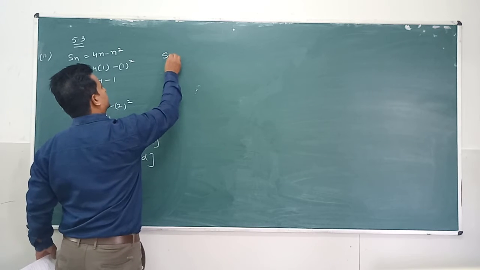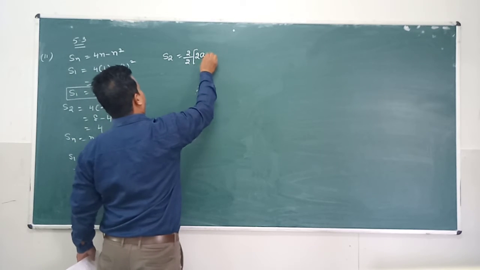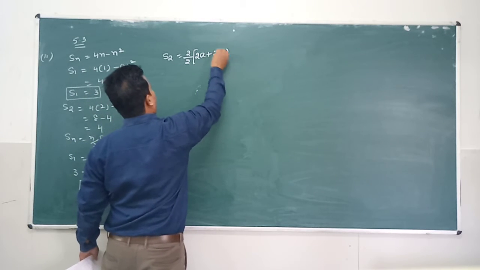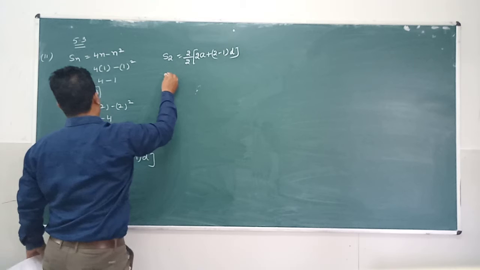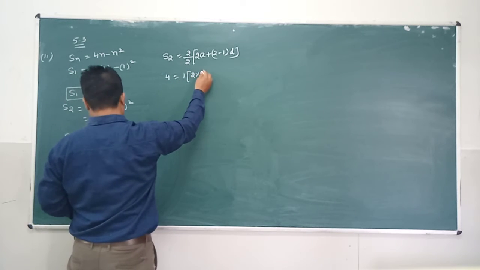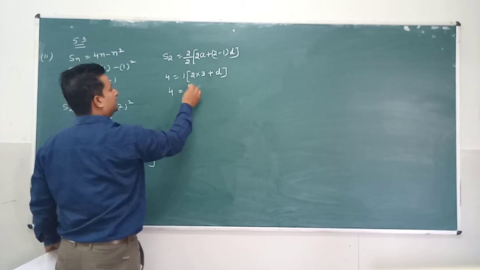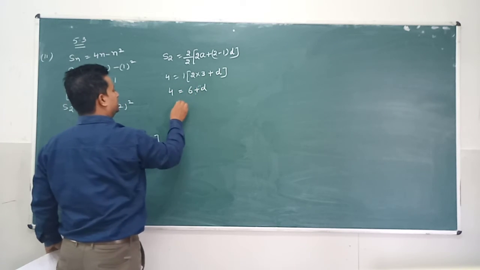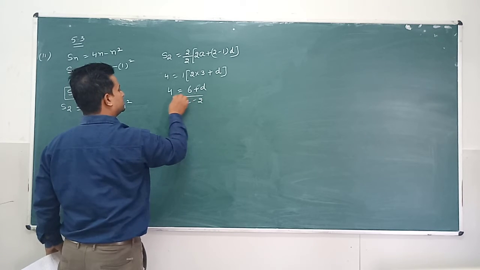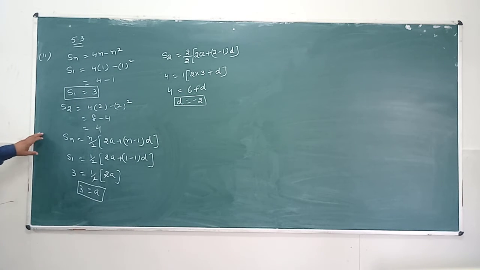When we put n is equal to 2, this is 2 upon 2 into 2a plus 2 minus 1 into d. S2 is 4, this is 1, a is equal to 3 plus d. So 4 equals 6 plus d, d is equal to minus 2. So in this, d is equal to minus 2 and a is equal to 3.